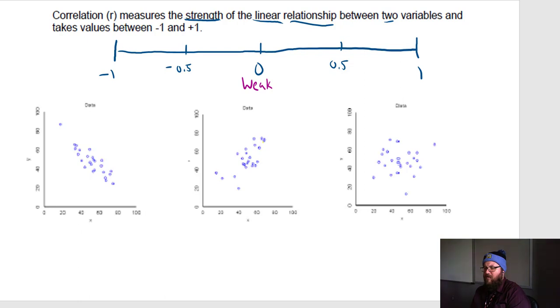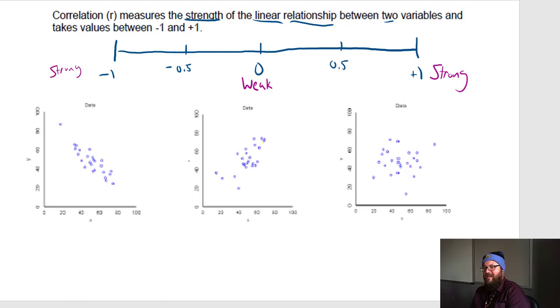Now, if you have a 1 or a -1, it's very strong. Well, what's the difference between -1 and 1? The negative and the positive are referring to the direction in which the linear relationship goes.